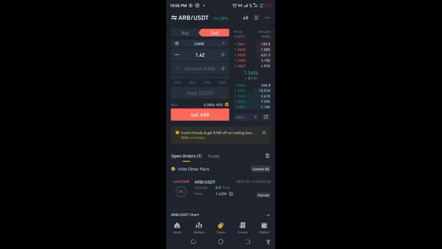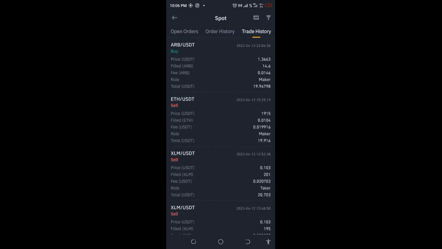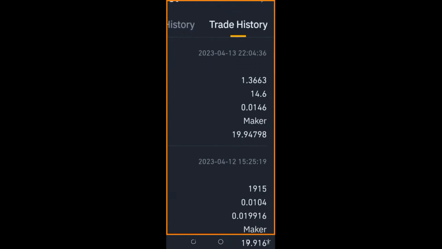We're in the queue right now. Let's see how much we bought it for. I should have just bought it at $1.34, and I would have sold out by now. But anyway, what did we buy it at? We bought it at $1.3663. Okay. So what would be the way out just in case this happens?